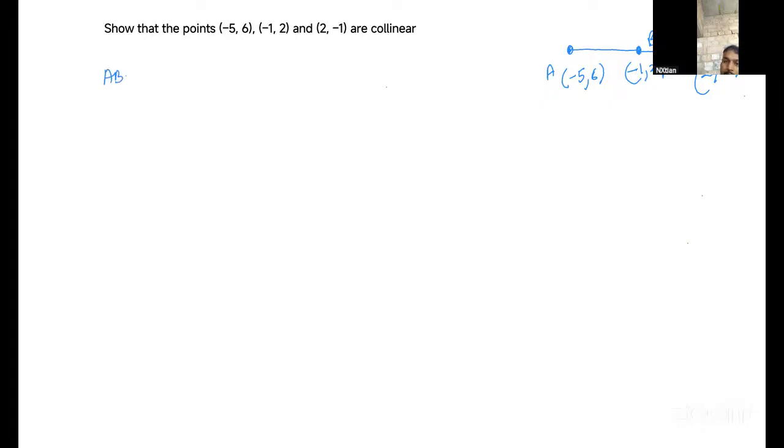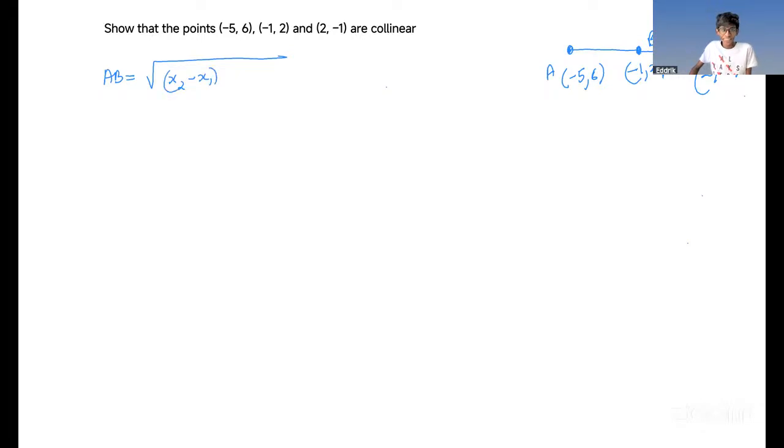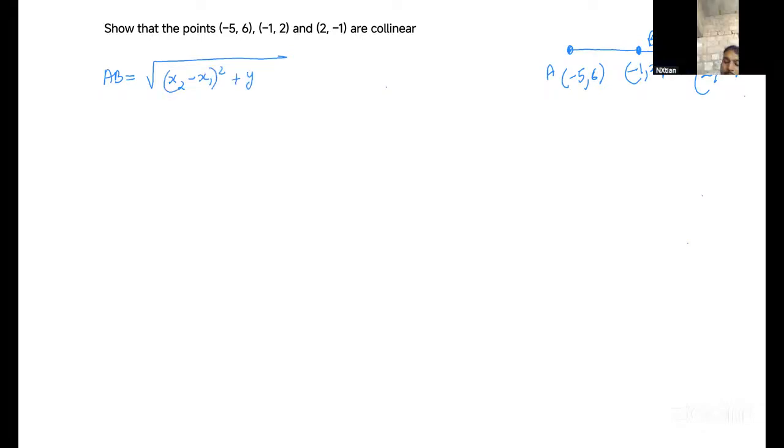So what is the distance formula? It's root of (x2 minus x1) square plus (y2 minus y1) square. Yes or no? If I take this as x1, y1 and this as x2, y2, what will be the answer?